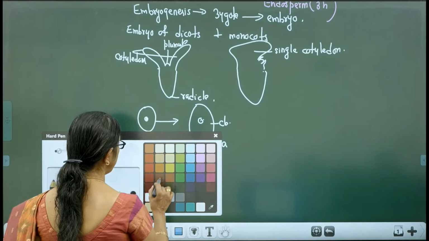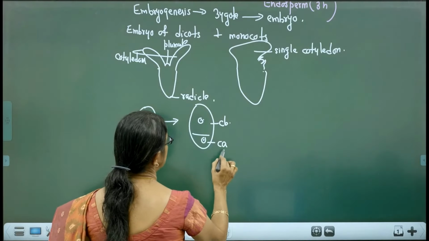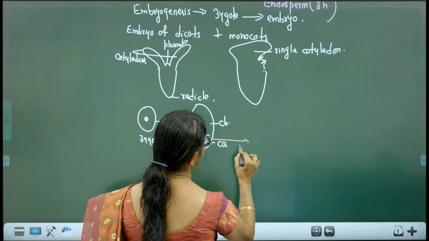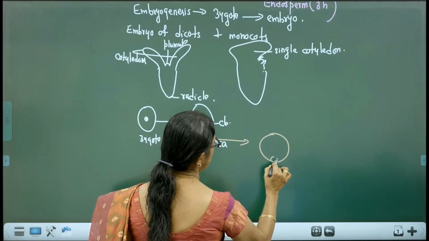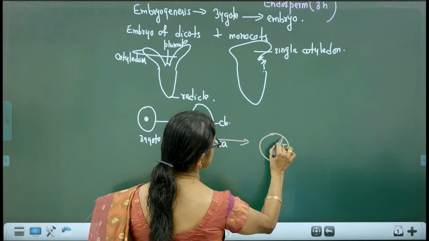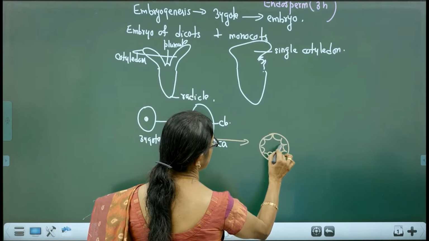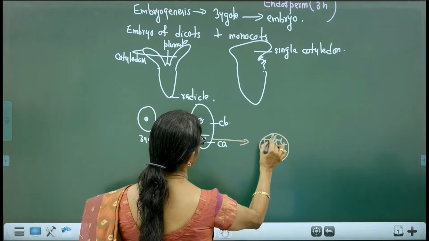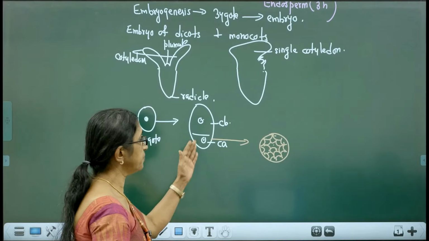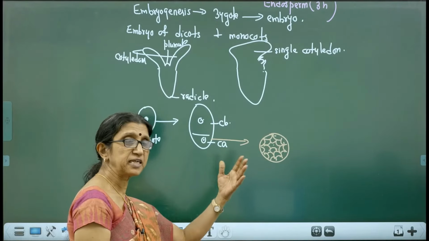CA will undergo repeated division, and there is formation of a globular proembryo like this. It becomes 2-celled, 4-celled, 8-celled, then 16, 32, like that.